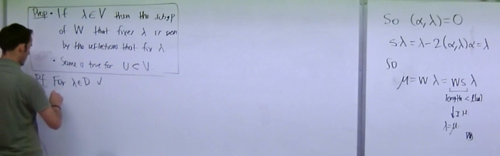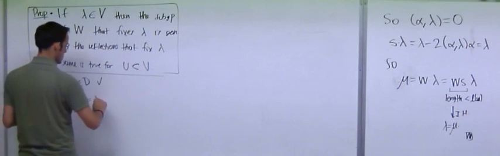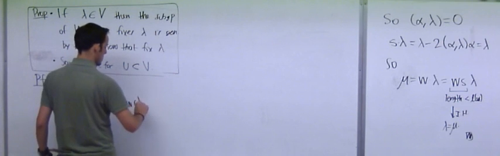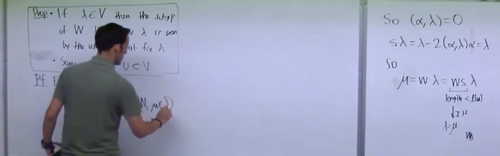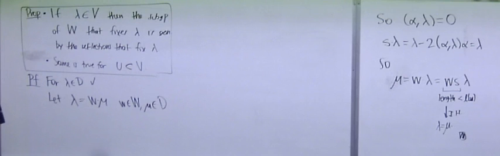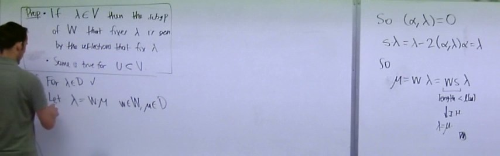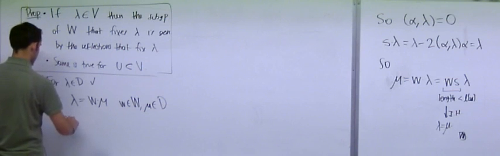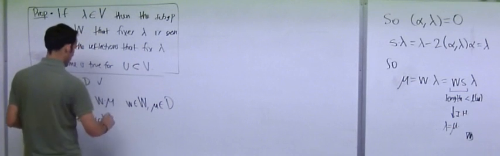And so that's what I'm going to do. So let me write lambda as W times mu, where W is a group element and mu is in the fundamental domain. Okay. Now, let's suppose that some group element U fixes lambda.